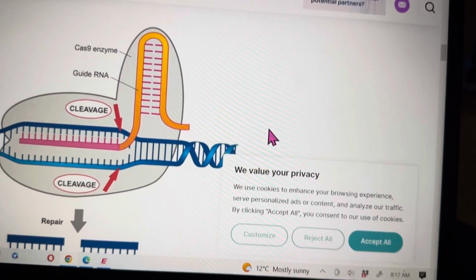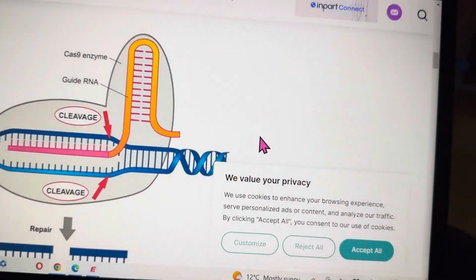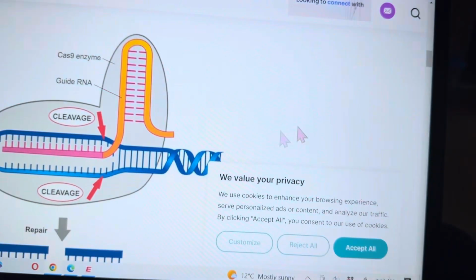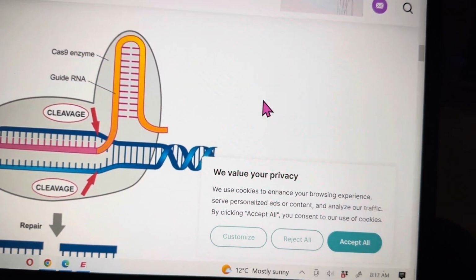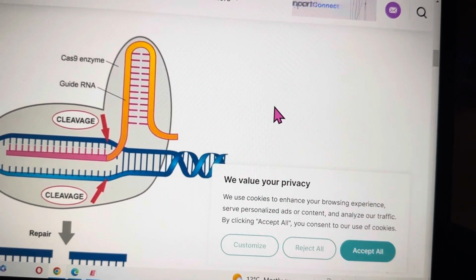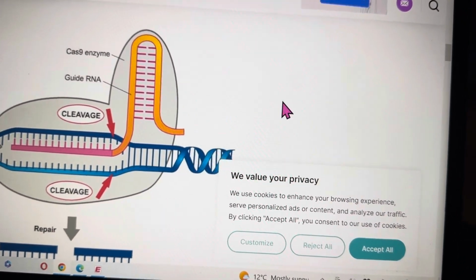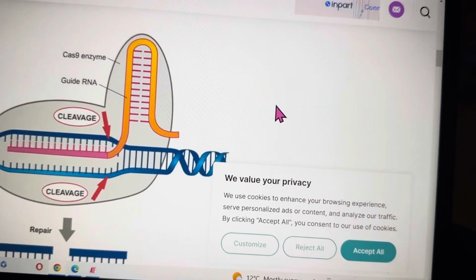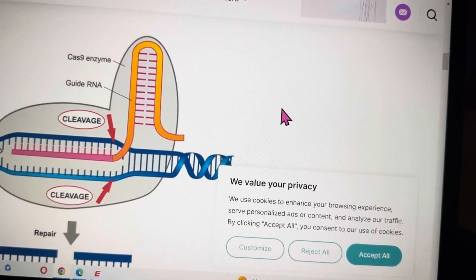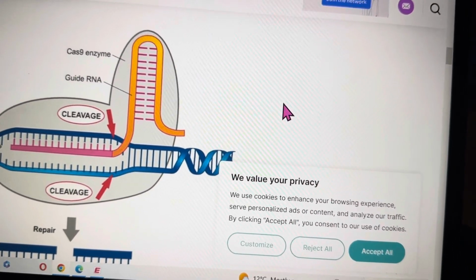Now just try to understand, to make it easy. Imagine that a country gets a spy from an enemy country, and the purpose of the spy was to do a bad job in the country. So they catch the spy. Bacteria catch the DNA of the virus that was attacking them.